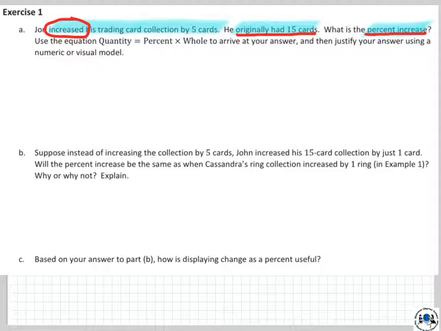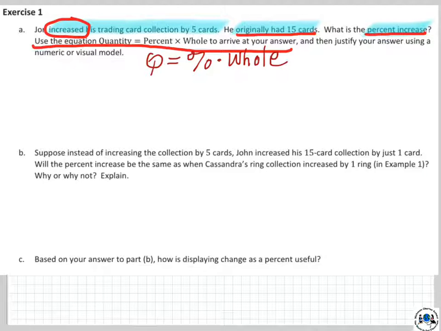And again, keeping in mind when we're reading through these problems, pay attention to those key words. Like I had said, that word originally or original is very, very important. I just underlined that. So there it is: Q equals percentage times whole.